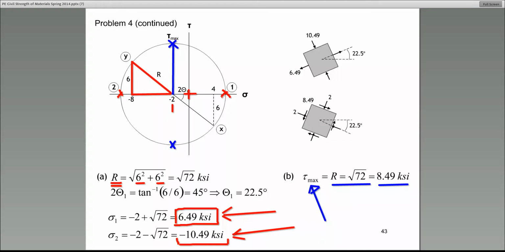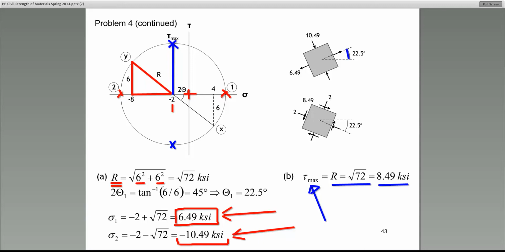By definition, the angle on the circle is twice as much as the actual angle on the stress cube or stress square. I will repeat that. The angle on the stress square is always half as much as the angle that's on the circle.